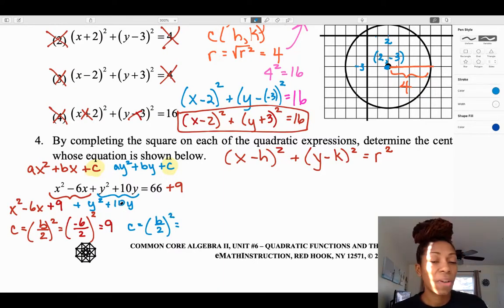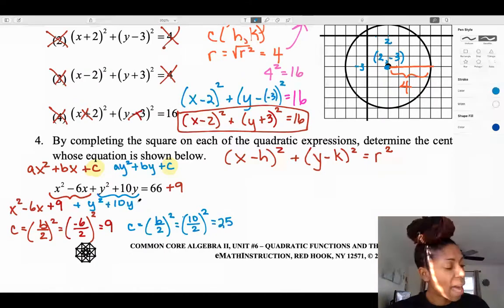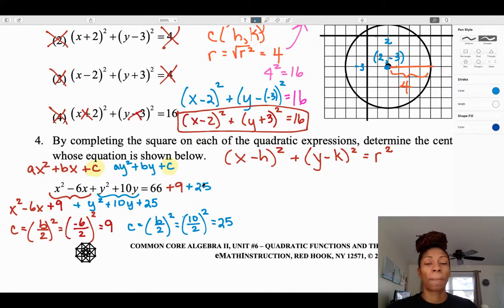The b for the y's is 10. So it's 10 over 2 squared. 10 divided by 2 is 5. 5 squared is 25. So we're going to add 25. And then we're also going to add 25 to the other side of the equation.